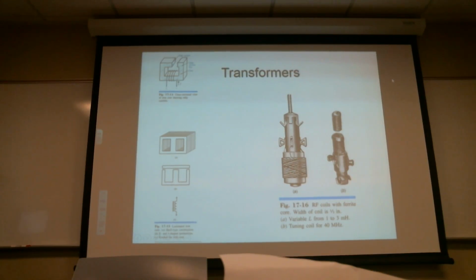B, in this particular case, depending on the rest of the circuit, you would move that core in and out to try and tune the circuit specific to, in this case, it looks like 40 megahertz. Okay, so I might be using that to filter out or bypass whatever's happening at 40 megahertz, to be shifted out of the rest of the other bandwidths that are happening on that wire.